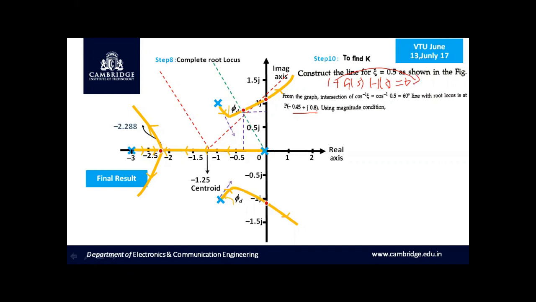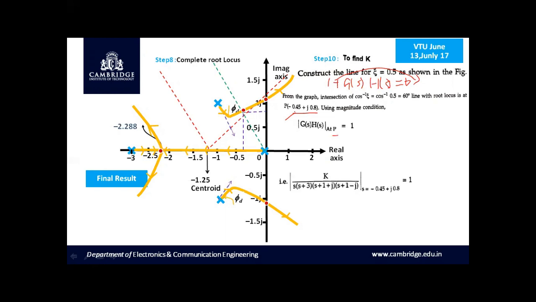And by the magnitude condition, modulus of g of s into h of s will be equal to 1. And we have to represent modulus of g of s into h of s exactly at a point P, which is given by minus 0.45 plus j into 0.8.